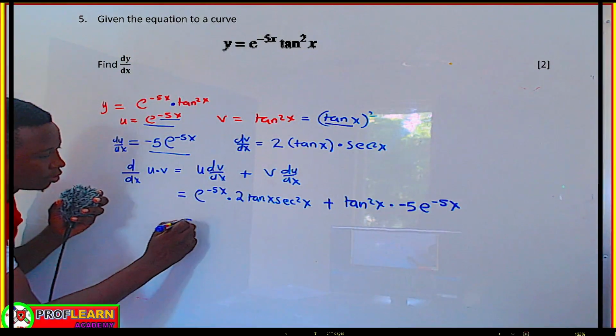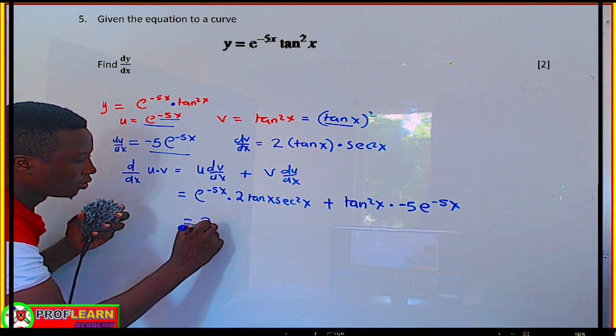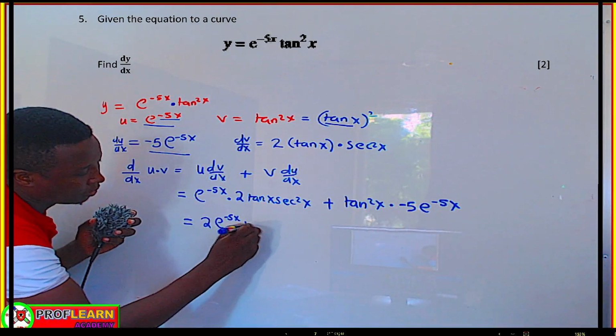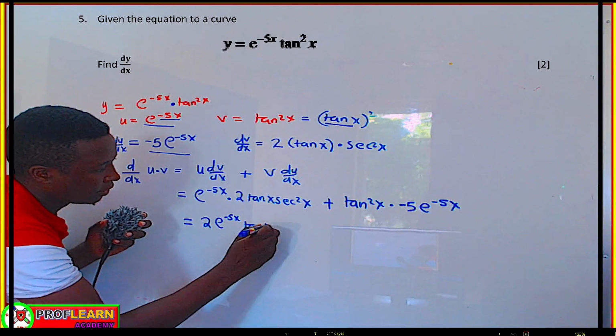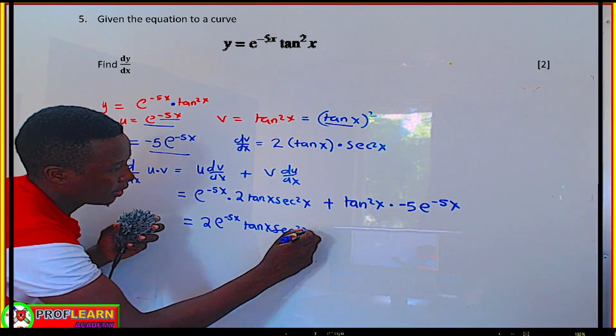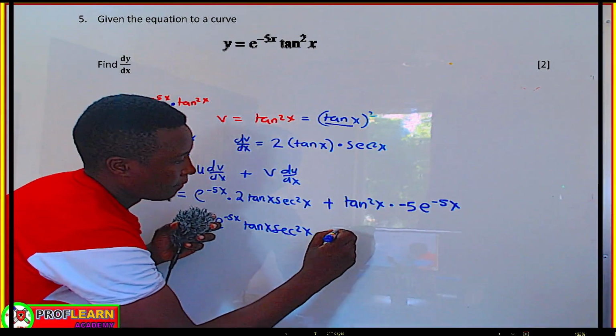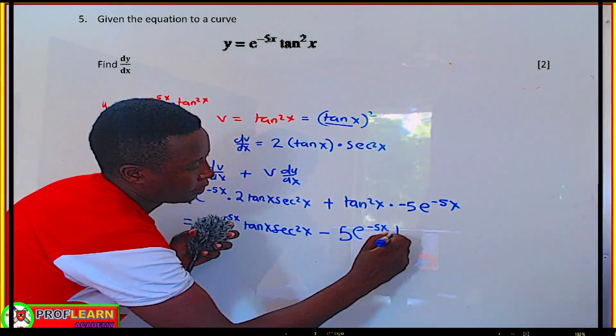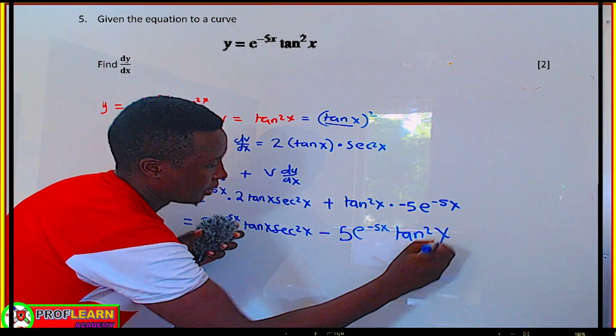So this is going to simplify to 2 e to negative 5x tan x sec squared x minus 5 e to negative 5x tan squared x.